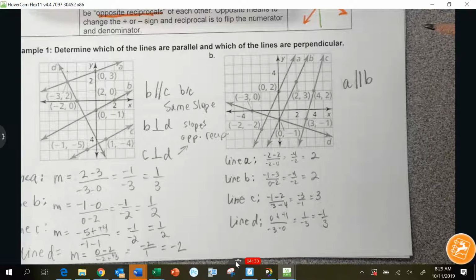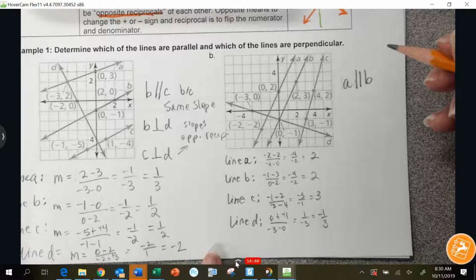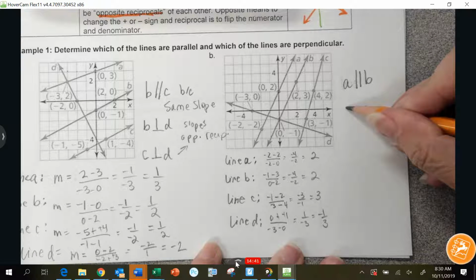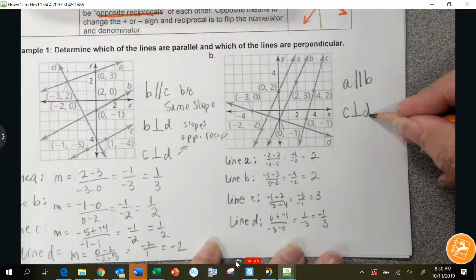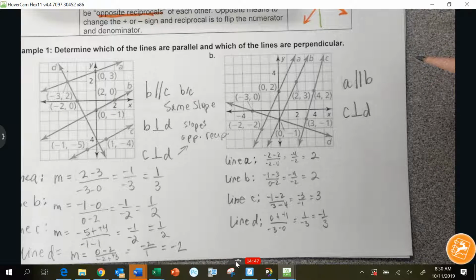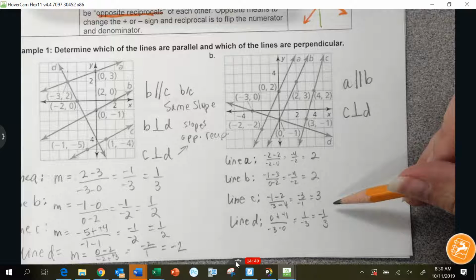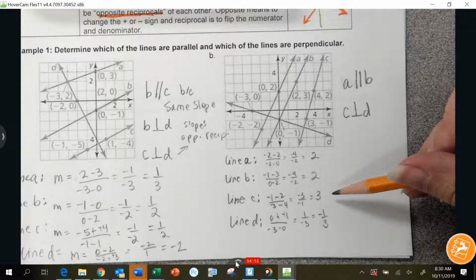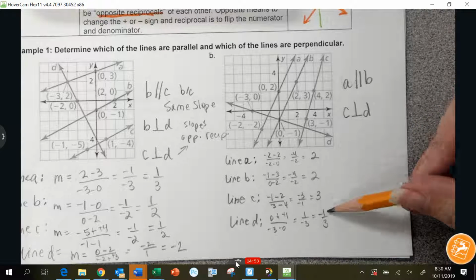Austin, any perpendicular? Why? Why are they perpendicular? Then why aren't A and D perpendicular?